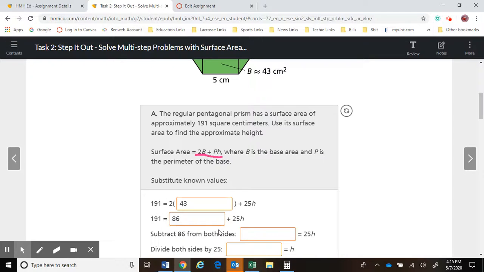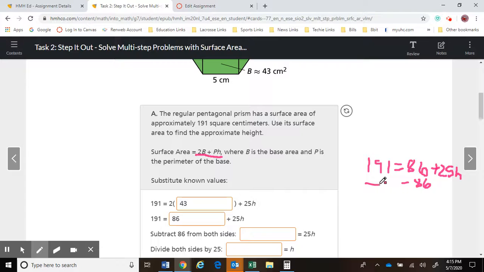Now we're doing a little bit of algebra here. We're subtracting 86 from both sides. So I'm taking my algebraic equation of 191 equals 86 plus 25h, and I'm subtracting 86 from both sides.